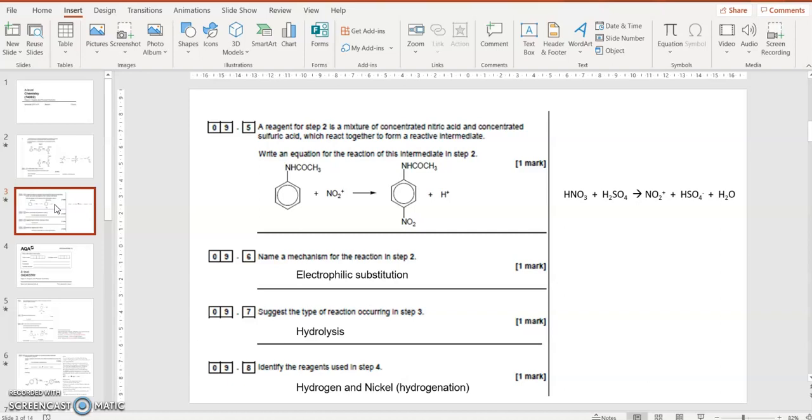Where's the H+ come from? It's come from the point where the NO2 has gone onto the ring, because there's been an H there, and there's a mechanism whereby the arrow comes from the ring, attacks the NO2+, and the NO2+ goes onto the ring. At carbon number 4, I've put it, there'd be an H bonded there as well.